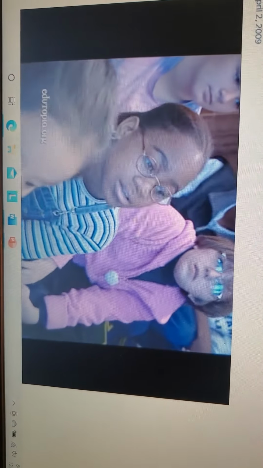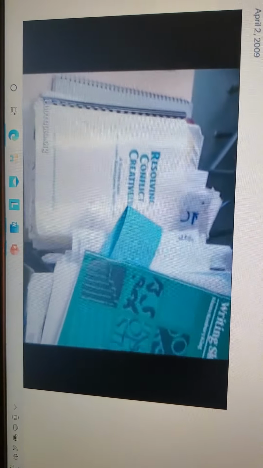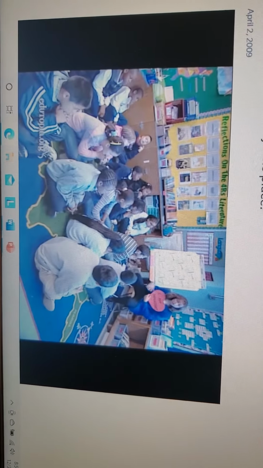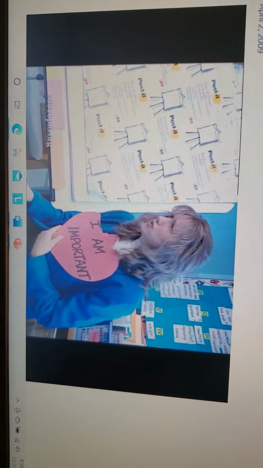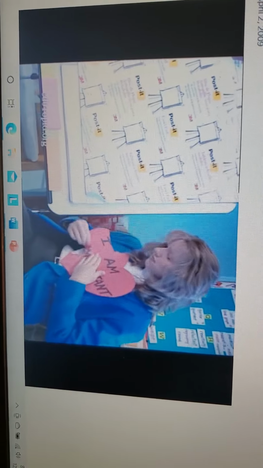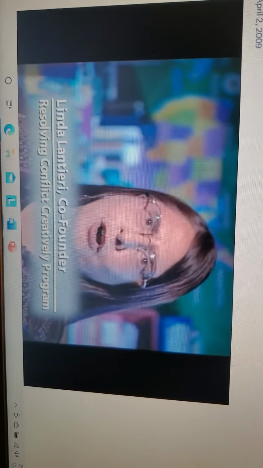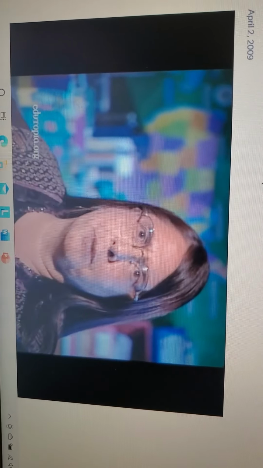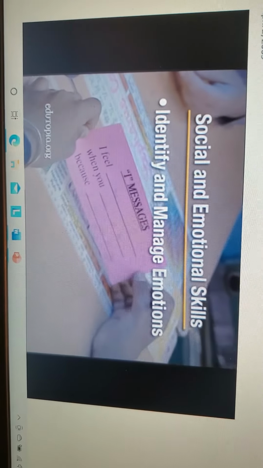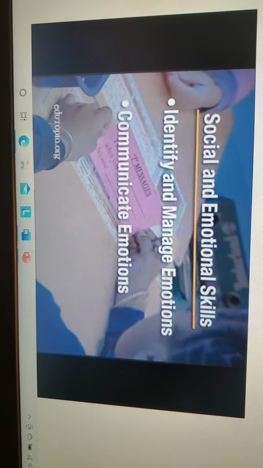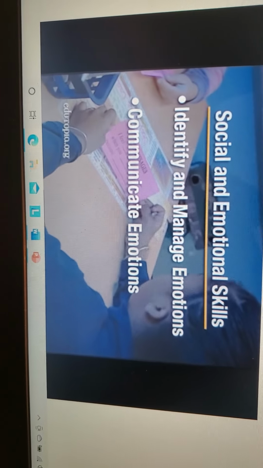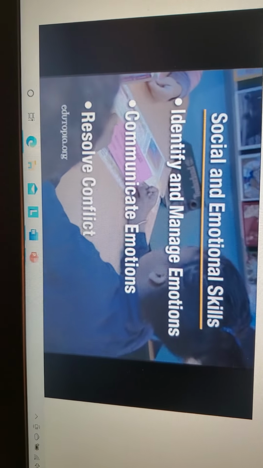And there are a number of programs like Resolving Conflict Creatively that teach those skills. We are talking about a whole new vision of education that says that educating the heart is as important as educating the mind. It's about equipping young people with the kinds of skills they need to both identify and manage their emotions, to communicate those emotions effectively, and to resolve conflict non-violently.